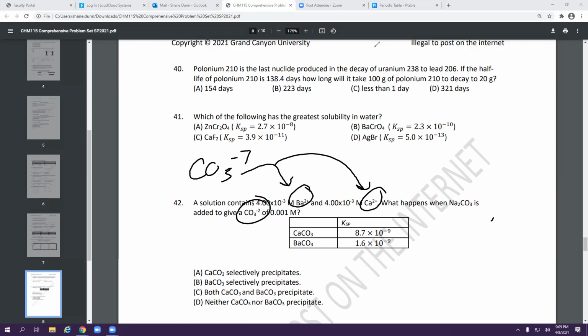Well, which one does it interact with? I don't know, right? We look at the solubility. The higher the solubility, the more likely it's going to stay in solution and not precipitate out. Make sense? So which one is higher, 8.7 or 1.6?